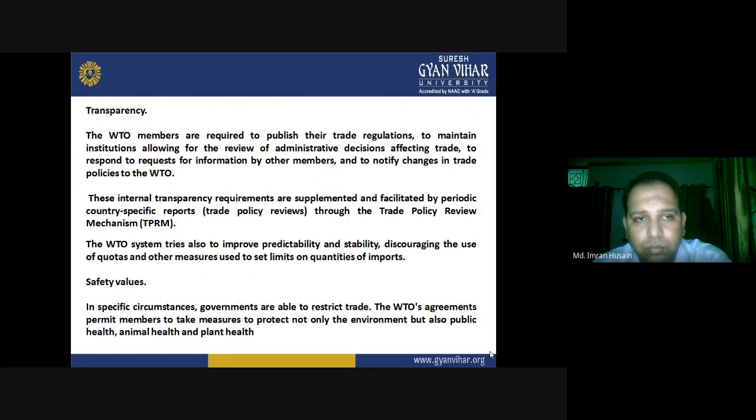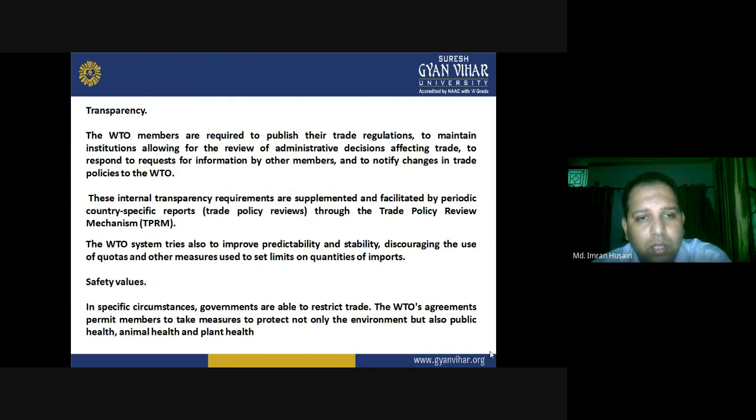Transparency. The WTO members are required to publish their trade regulations, to maintain institutions allowing for the review of administrative decisions affecting trade, to respond to requests for information by other members, and to notify changes in trade policies to the WTO.